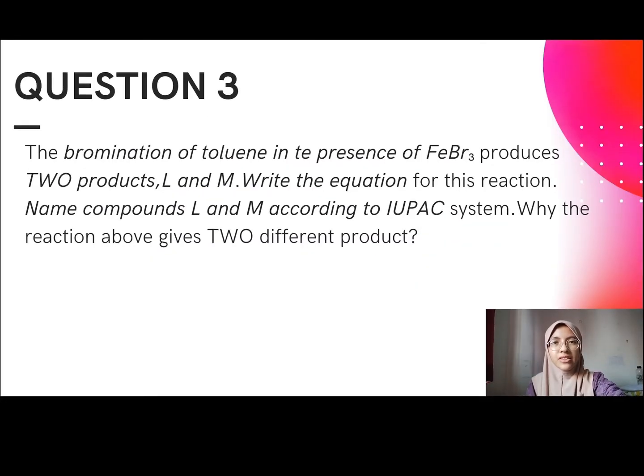Question number 3. The bromination of toluene in the presence of iron bromide produces 2 products, L and M. Write the equation for this reaction. Name compounds L and M according to the IUPAC system. Why does the reaction above give 2 different products?